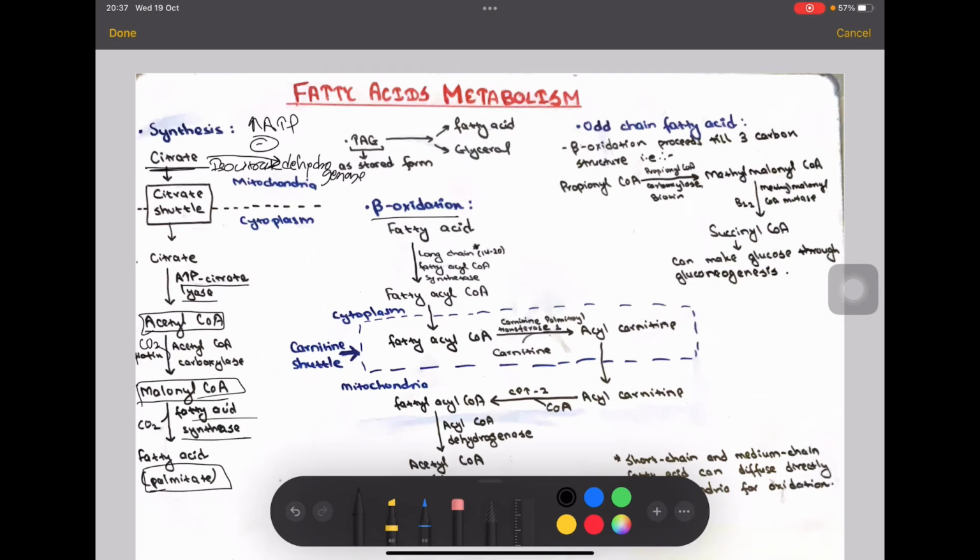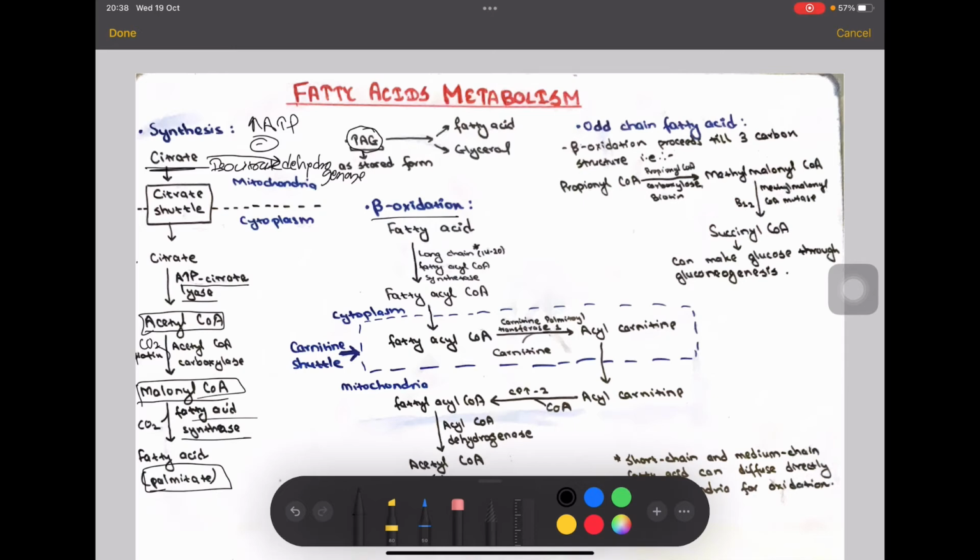Okay, now let's go to fatty acid storage. Triglycerides are the fuel reservoirs of our body, especially for lipids. Whenever we have more lipids, they are stored in our adipose tissue in the form of triacylglycerides.